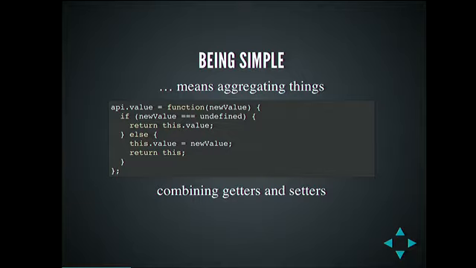So in JavaScript, we often like to deliberately break the CQS, the command query separation principle, by simply checking, is that what we got? Something? If so, it's a setter. If it's nothing, if it's undefined, we're obviously trying to get some data.